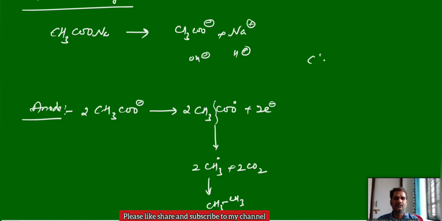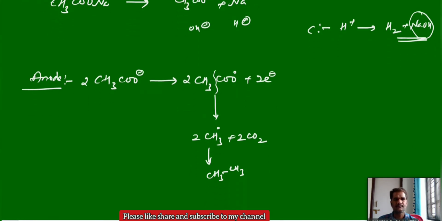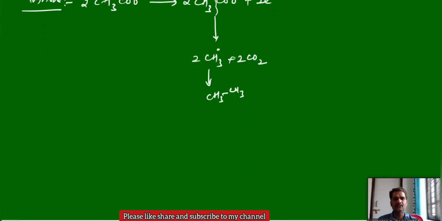But at cathode, this H plus ion can give hydrogen, and we have the solution left with Na plus and OH minus. It can form NaOH. So overall, after electrolysis, the resultant solution will get basic in nature, the formation of NaOH. So what are the overall products here?